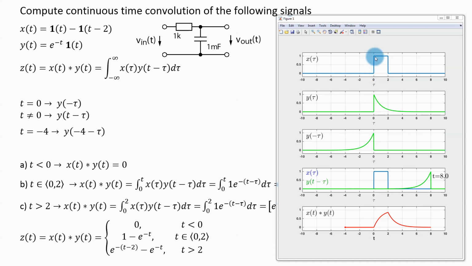Now, when this pulse comes, this voltage jumps to the value of 1 volt, and this capacitor starts to charge through this resistor, so this voltage will start to rise. And that is actually what you can see here.